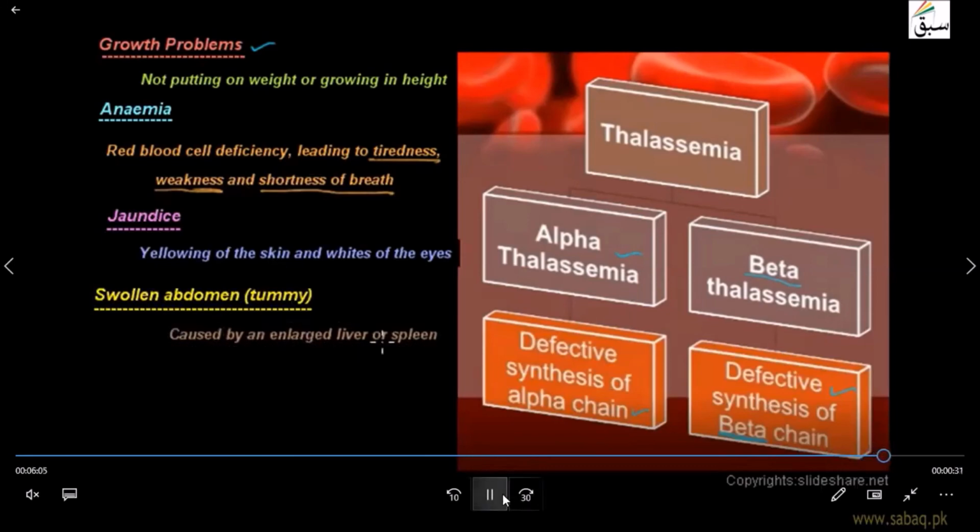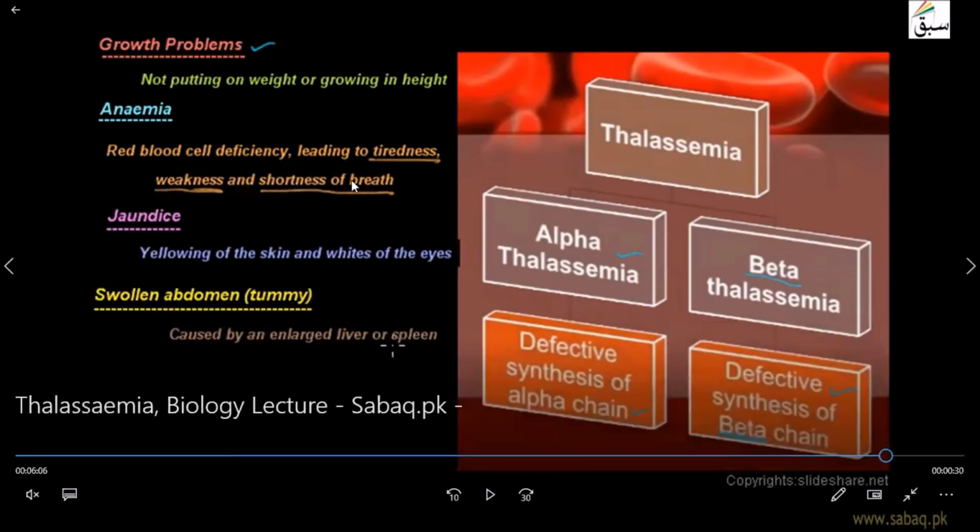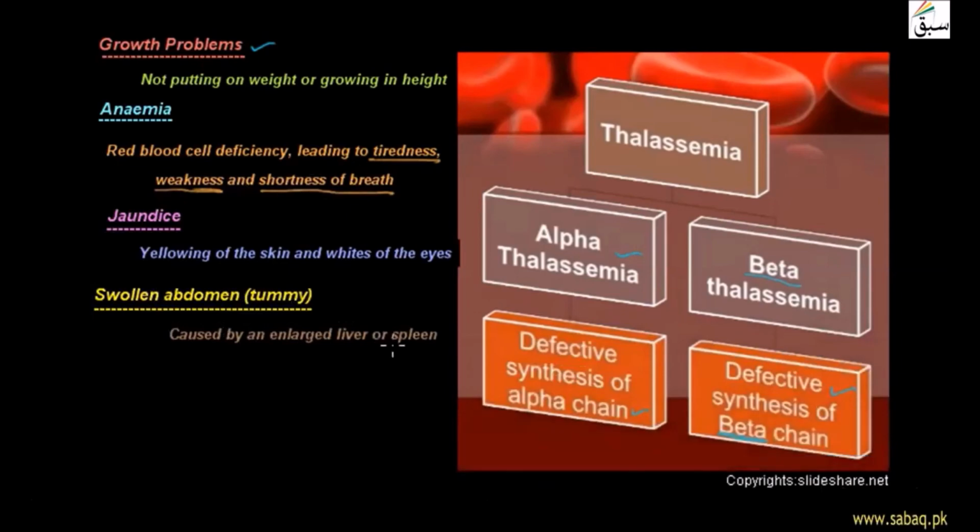Because I told you that in the fetal or embryonic stage, the RBCs are formed in the liver or spleen, but at a mature stage, they are produced through bone marrow. But wherever they are produced, at the end they have to be broken down in the spleen or liver.